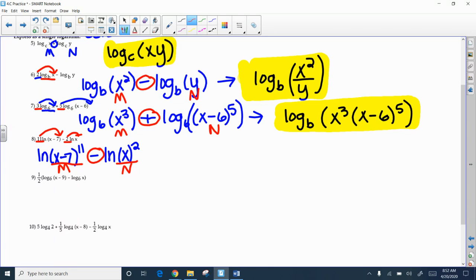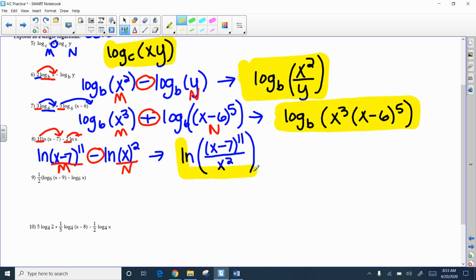When I condense it into one logarithm, it's going to be natural log of m divided by n. So these will be divided: I'm going to have x minus 7 to the 11th power divided by x squared. So I have natural log of this whole expression, natural log of x minus 7 to the 11th over x squared. And that's how we would write the answer on that one.